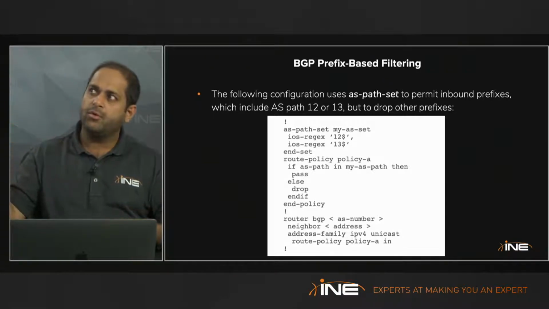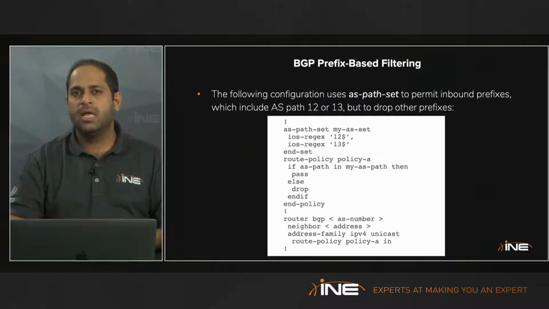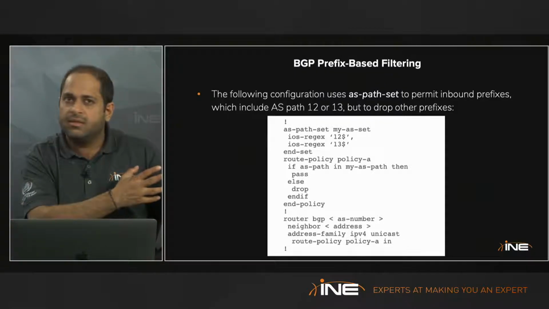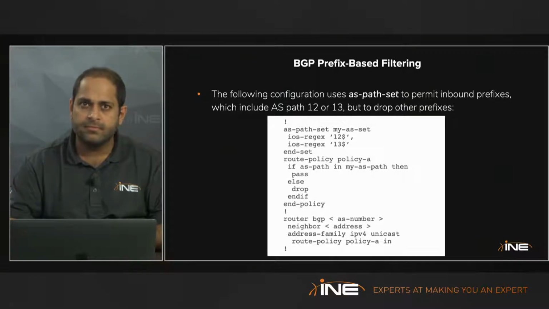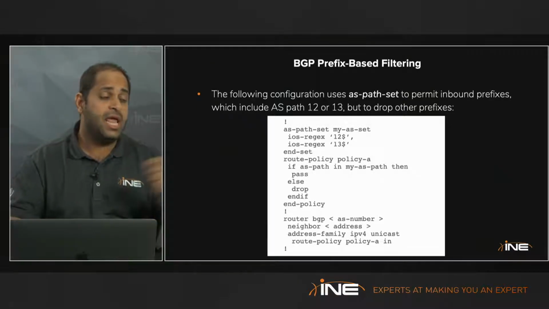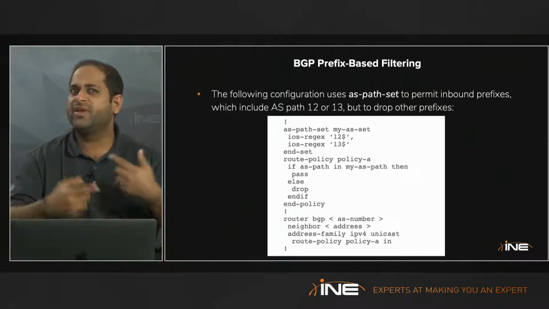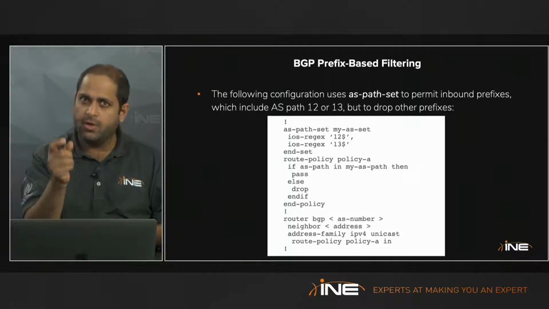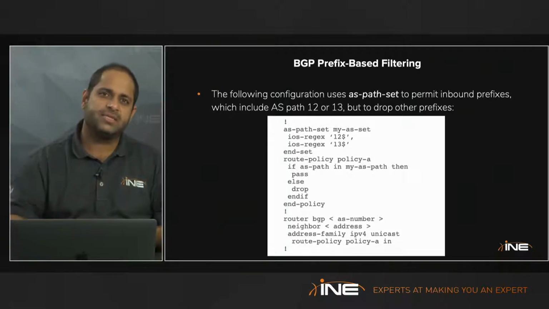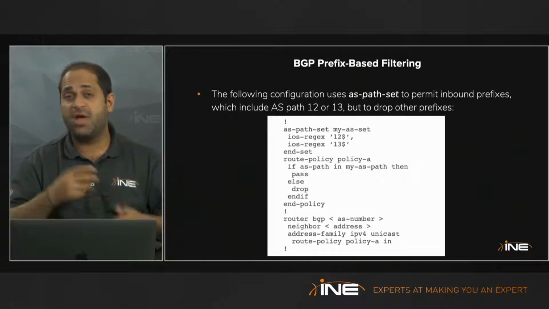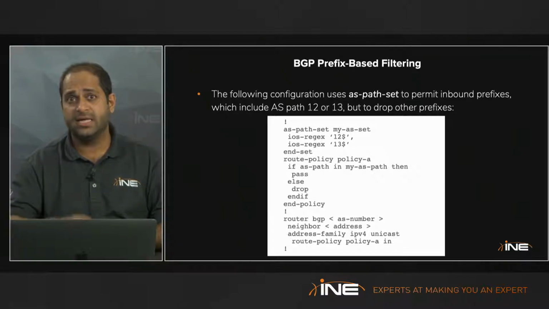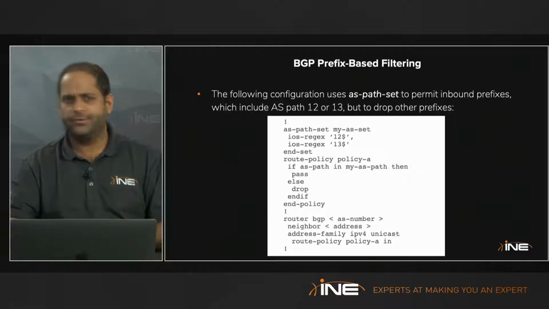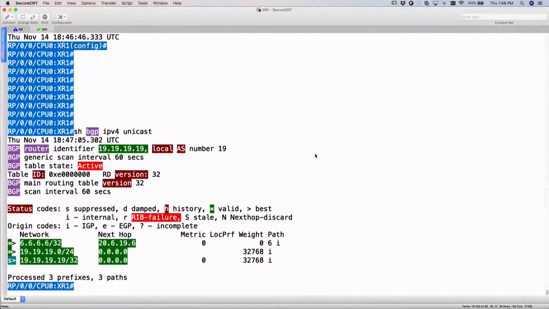That is, if the route originates from ASX, then filter this route. I could do that with an AS path set. Like how a prefix set matches a network or a prefix, an AS path set matches ASs, and you have to define the regex parameters inside that. Let's try this out on our router.